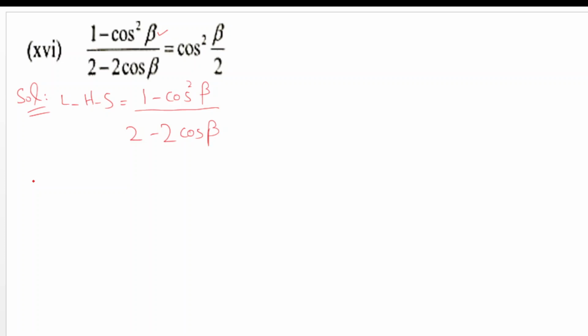So at here, when you see this question, 1 minus cos square beta, in a simple way, that will be equal to, let me write the formula here, sine square alpha equal to 1 minus cos square alpha.